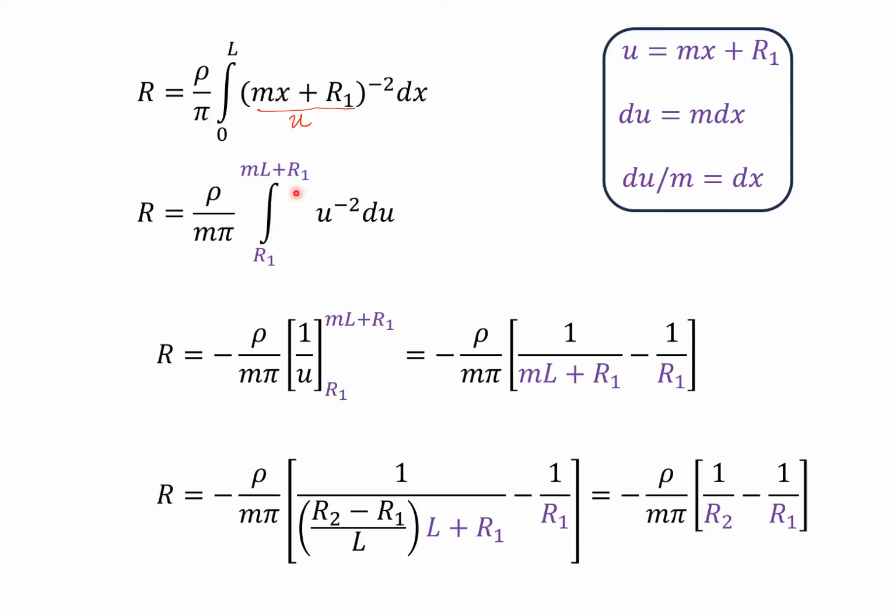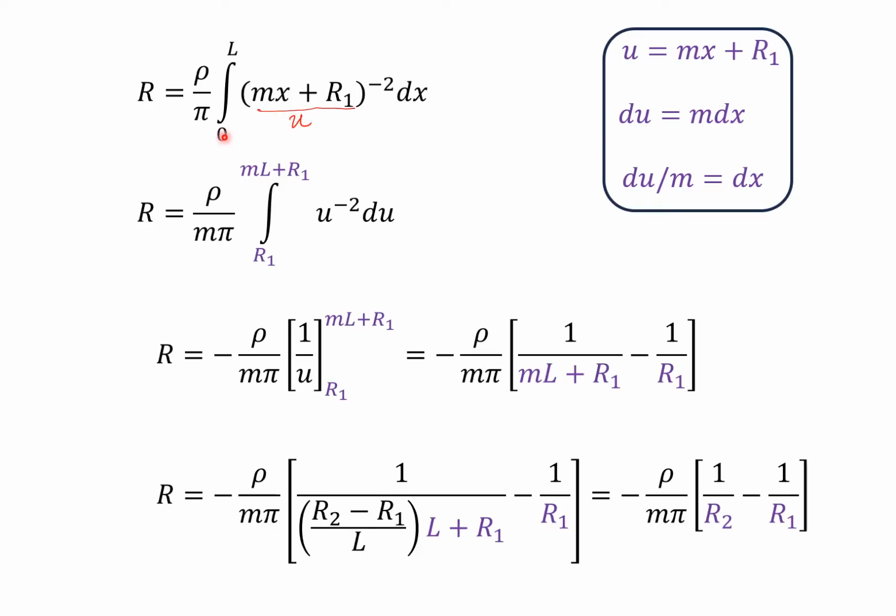So now I am replacing. This will become u to the power minus 2, and dx will become du over m. So I am taking that m outside. Also, we have to change the limits, since we changed the variable to u.